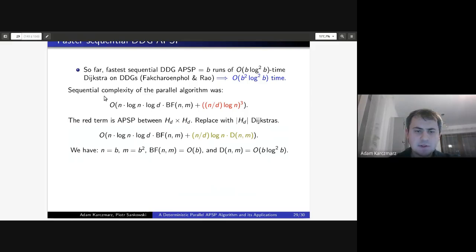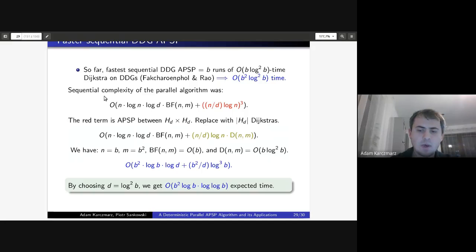Since for dense distance graphs we have a very fast implementation of Dijkstra, plugging in all these different bounds we obtain this blue bound for any parameter D. By choosing D equal to log squared B, we obtain B squared log B log log B time, almost a single log factor less than what was known before.